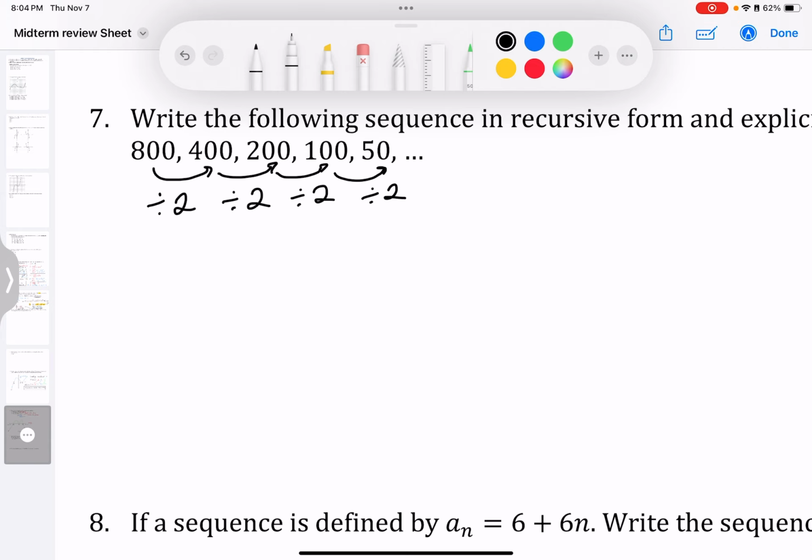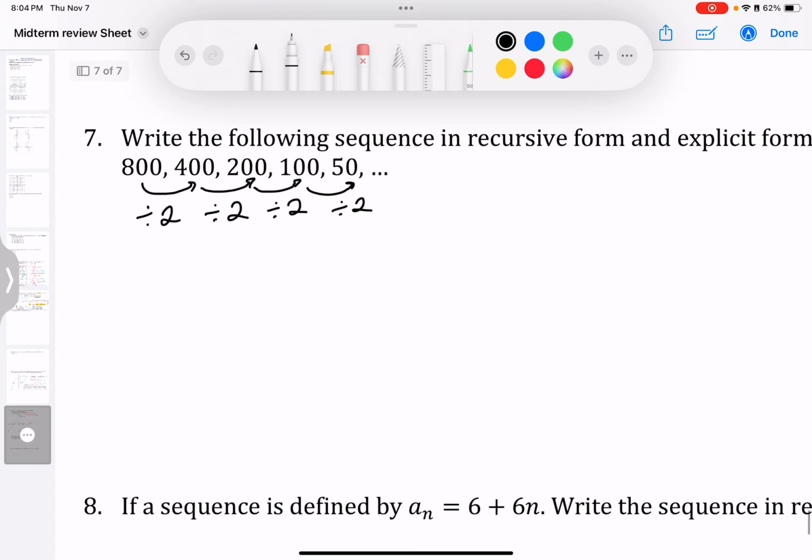And so on and so forth. Because we're dealing with division in this case, this sequence is geometric. This is a geometric sequence.